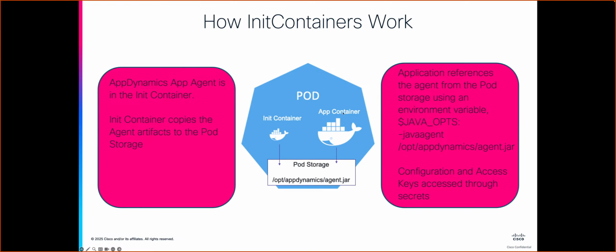And then that application in the container needs the Java ops for starting it, would need that updated so that it actually calls the agent that's living in the same pod.